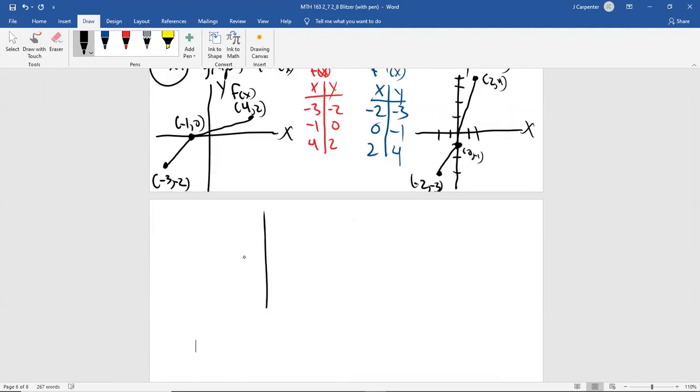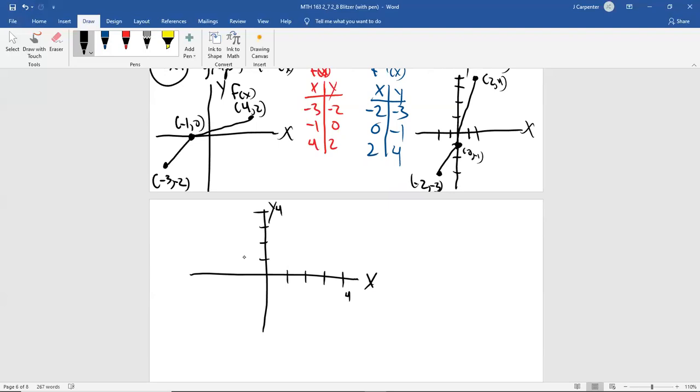So in red, I will do the original function. Let me go ahead and label my axes and numbers. We gotta go right 1, 2, 3, 4. I'm gonna try and keep these symmetric. Up 1, 2, 3, 4.